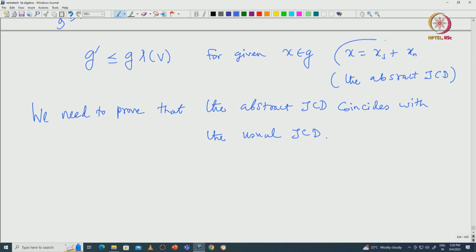Let us say x equal to xs plus xn is the abstract Jordan decomposition. Then we need to prove that this is the usual Jordan decomposition.